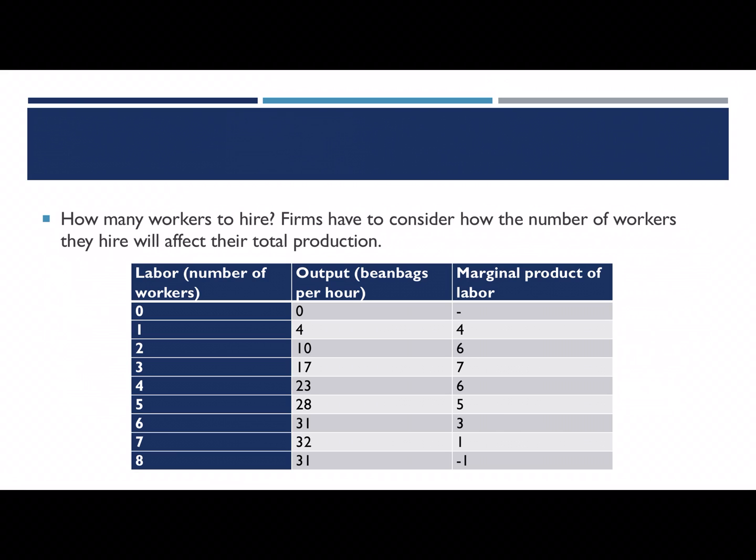Once we get to 6 workers, the marginal product of labor drops pretty significantly. Our output's not nearly as good. With 7, 8, and then eventually with 8 workers, we get to the negative. But we start hitting diminishing marginal returns at the 4th worker already. But again, economic reasons might still make it worth having that.